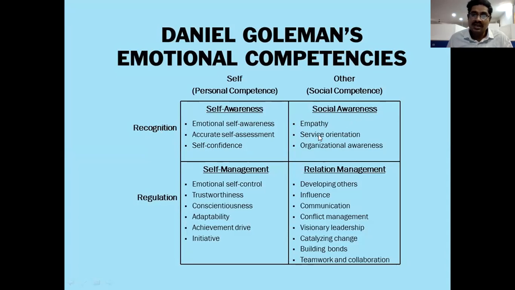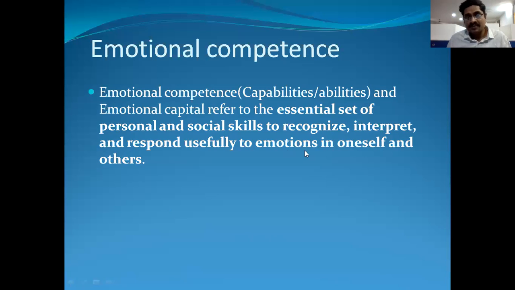In this Daniel Goleman's model, it is simply a matrix model, a 2 by 2 matrix model, right? So here, social skills recognition: what skills do we need to have to mingle and interact with the society? That type of social skills we need to recognize ourselves, right? As per the previous slide, interpret and respond to personal skills, and interpret and respond to social skills.